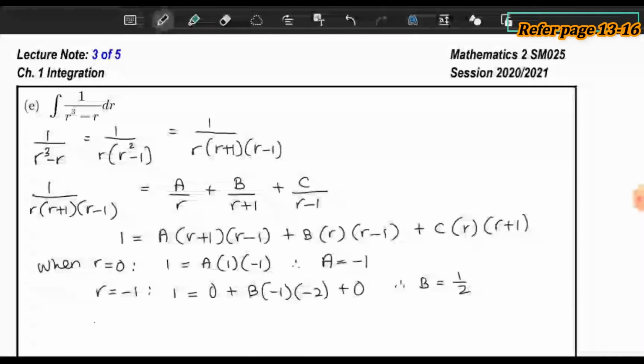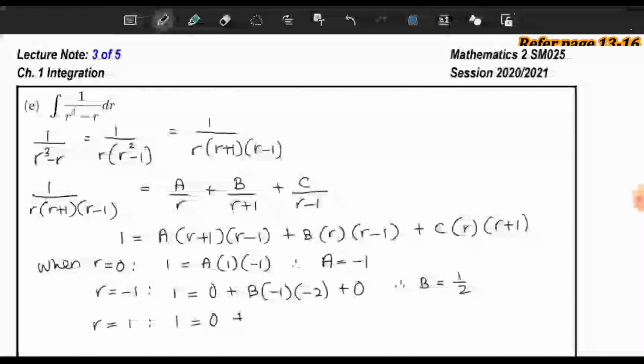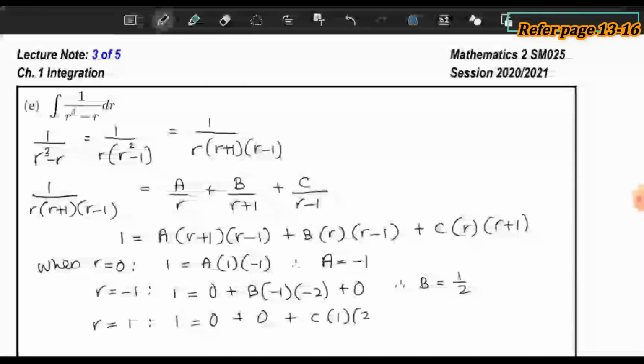And the last one, we substitute r equals 1. We have 1 equals, part a becomes 0, plus part b is also 0, plus c times 1 times 2. Therefore, c equals half.